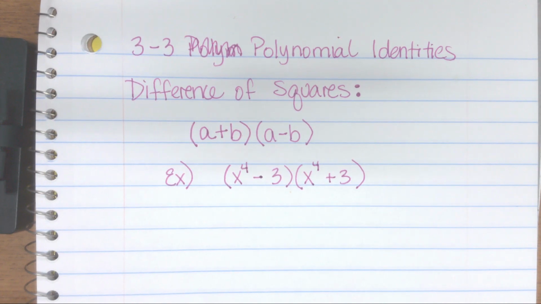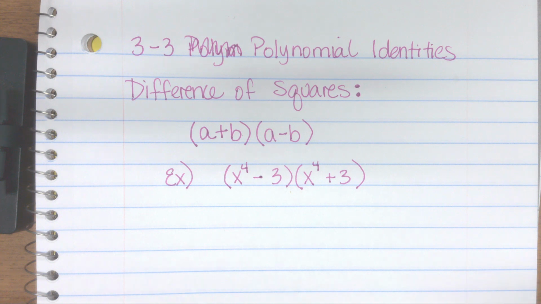Now, is it the end of the world if you add the middle terms together and do that? No, it's not, if you're not sure. But we know this happens, so I'm not even going to write down the outers and the inners.